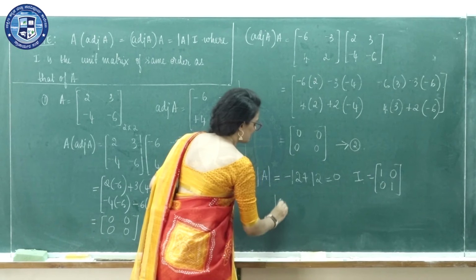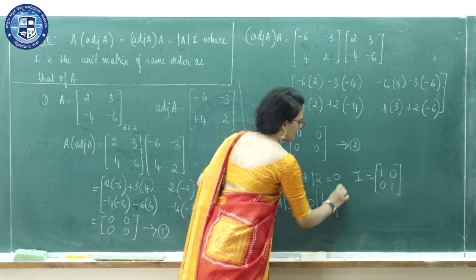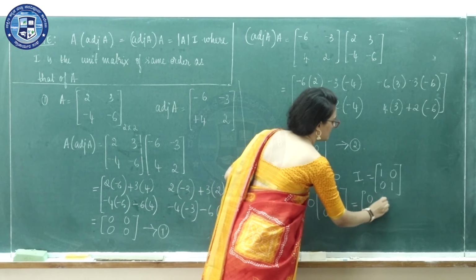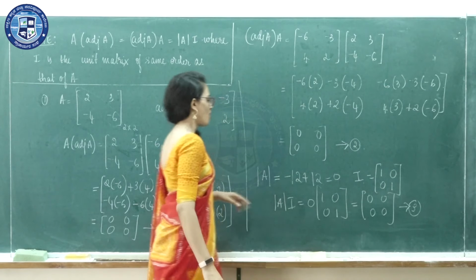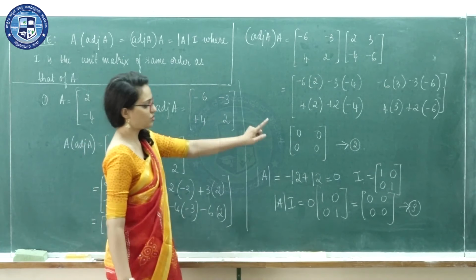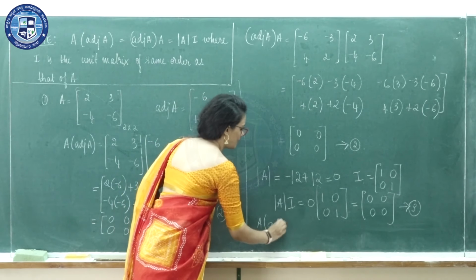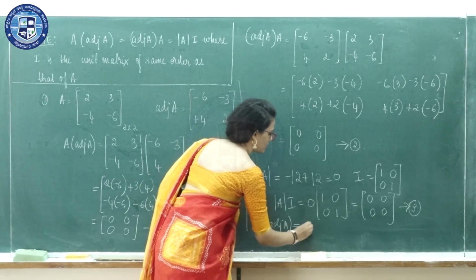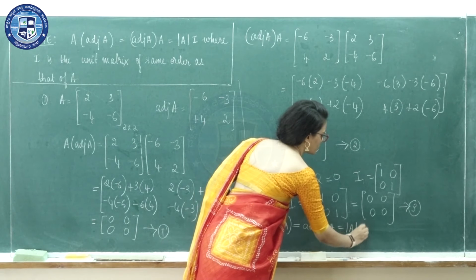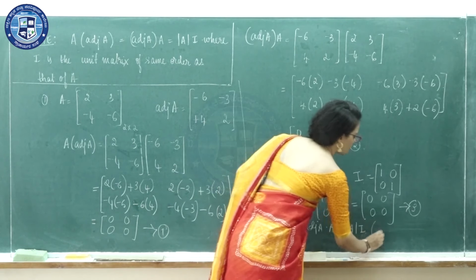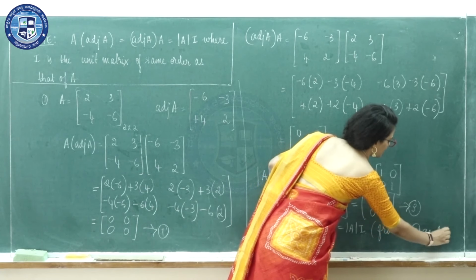So, when I find determinant of A into I, it is nothing but 0 into this matrix, you will get a 0 matrix. Okay, let us take this as equation 3. So, from equation 1, equation 2 and equation 3, we can conclude that A into adjoint A is equal to adjoint A into A equal to determinant of A into I, and this is from 1, 2 and 3.